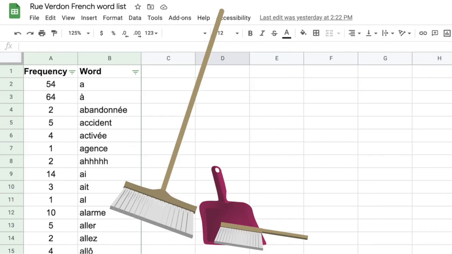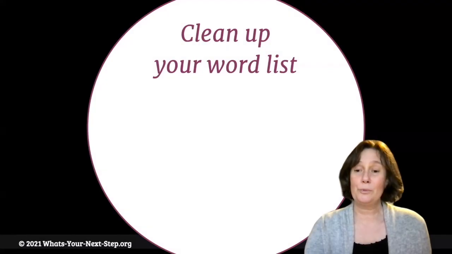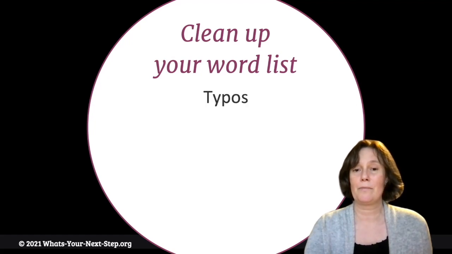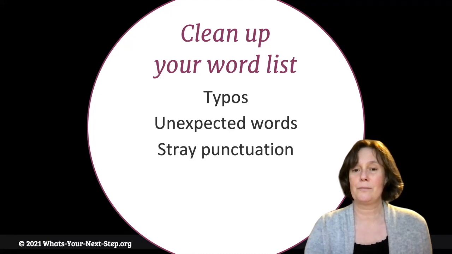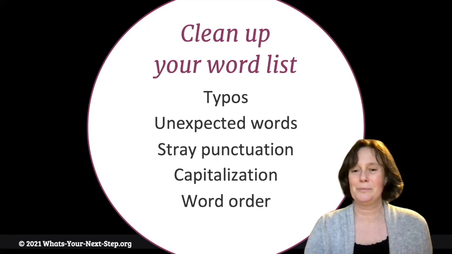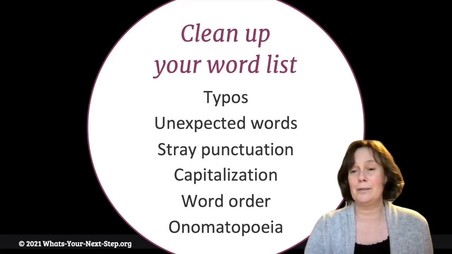Let's get started. The securest way to clean your word list is to walk through it from A to Z, line by line, checking it for each of the following items: typos, unexpected words, stray punctuation, capitalization, word order, and onomatopoeia, or expressions like "and well."